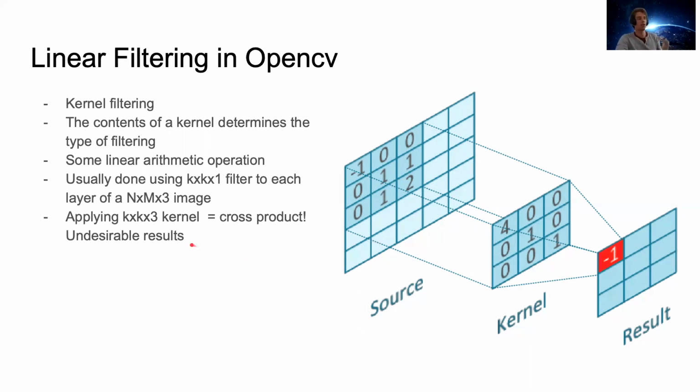But actually you don't really want to do this, because a lot of the arithmetic operations are multiplications. And if you have a k by k by 3 kernel, you start doing these weird things with cross products, where you start summing up each multiple, and then you basically just get undesirable results. So often when you're filtering, you apply a filter to each layer separately rather than to the whole thing as a whole.